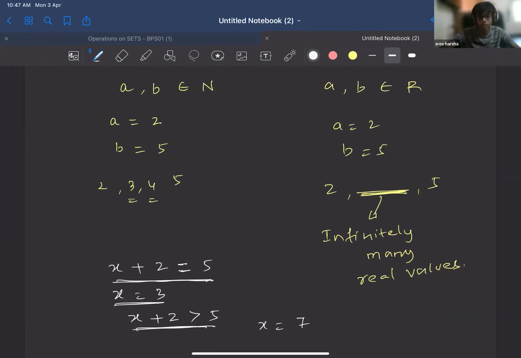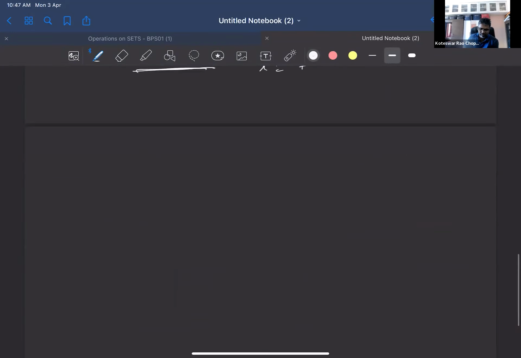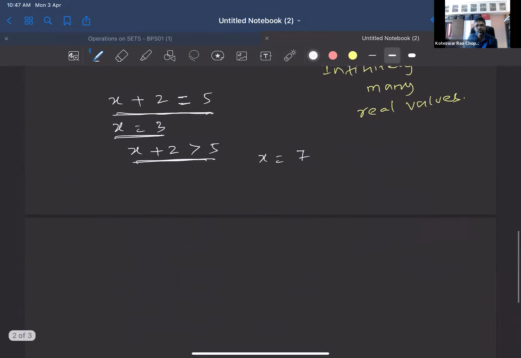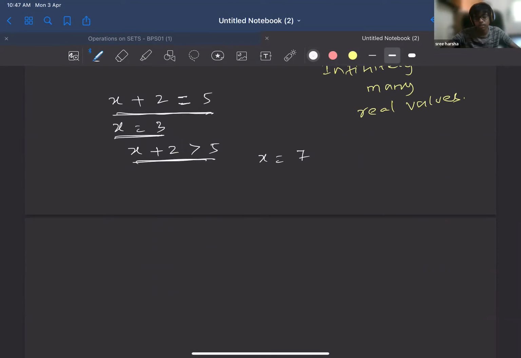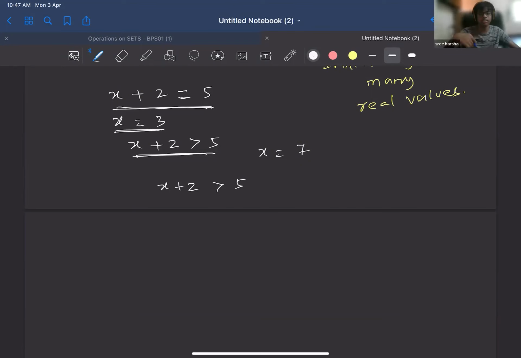But when you actually solved x plus 2 equal to 5, how did you get 3? Just sent 2 to that side, right? So even here we can do the same thing, right? If I have x plus 2 greater than 5, if I add something on both sides, the sign will remain the same.